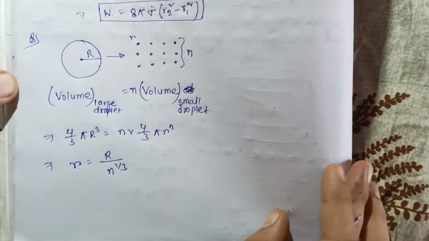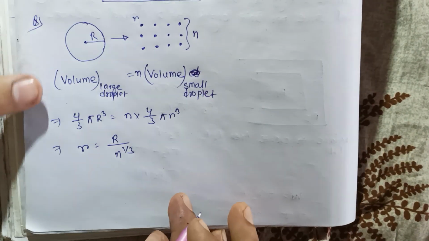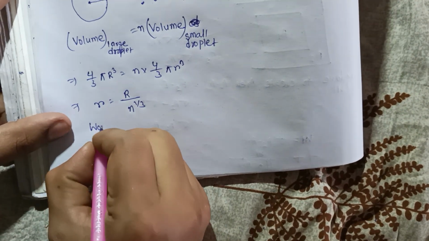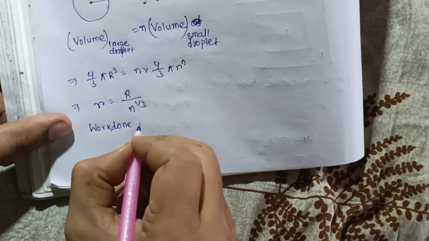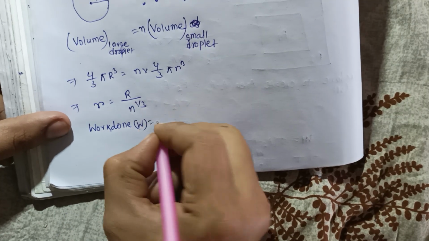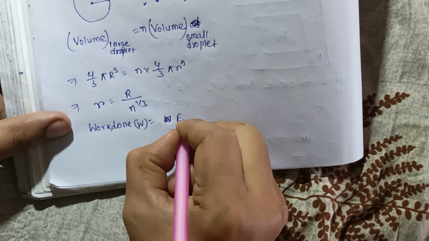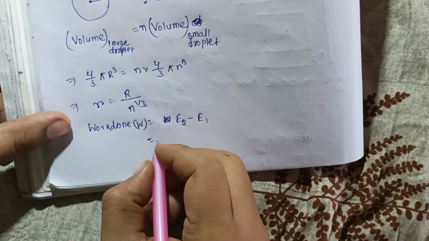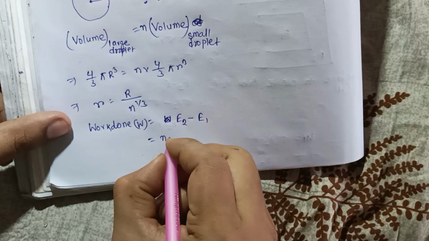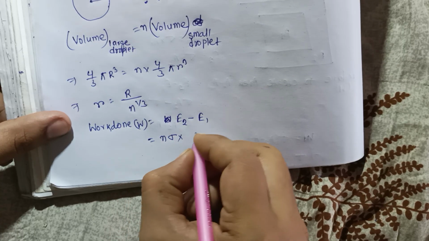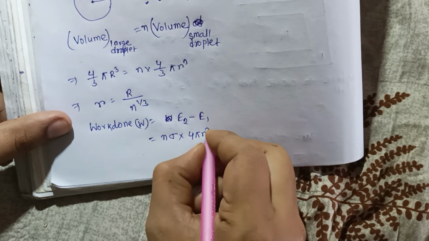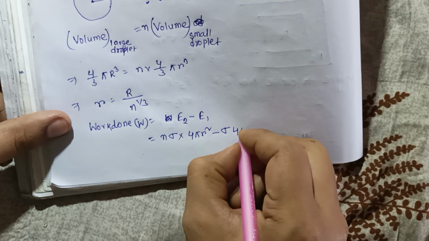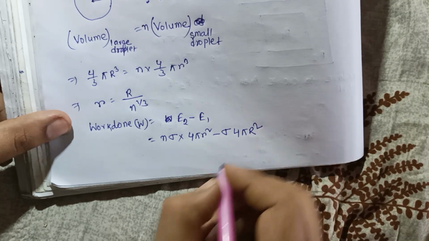Now if you want to calculate the work done, W equals E2 minus E1. So E2 is n sigma into 4 pi r square, minus sigma 4 pi capital R square.